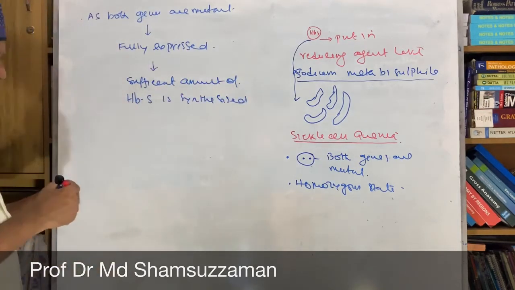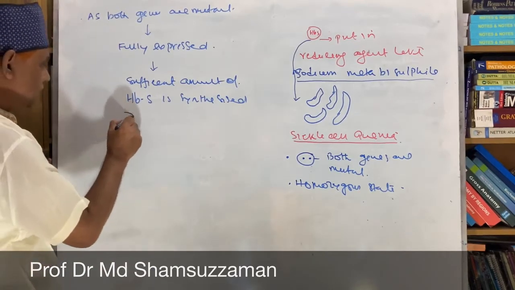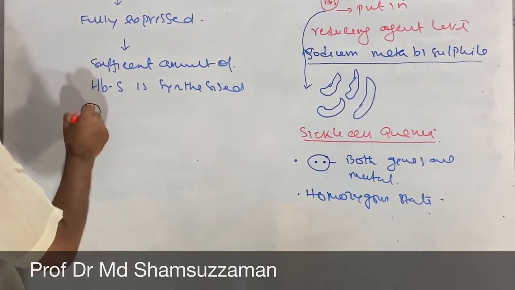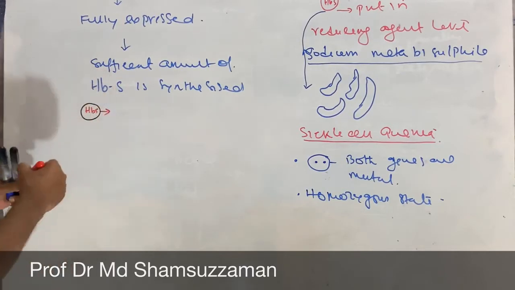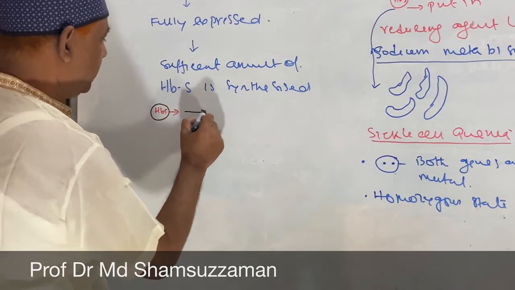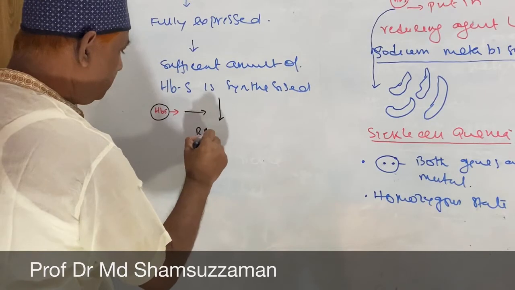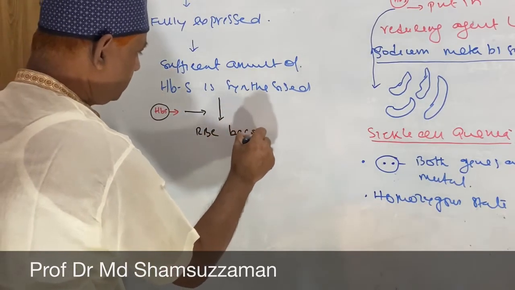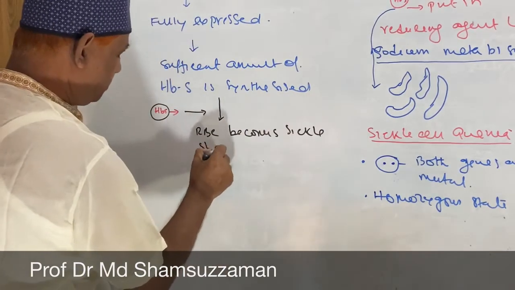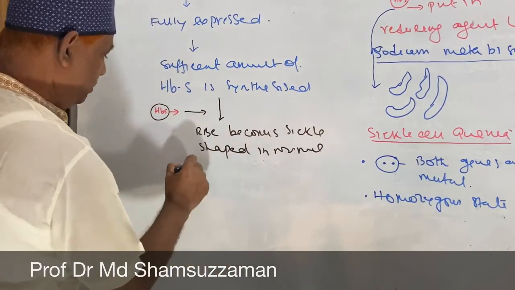As a sufficient amount of hemoglobin S is synthesized, the RBC containing it becomes sickle shaped in normal physiological state.